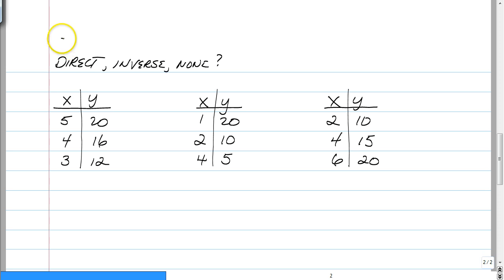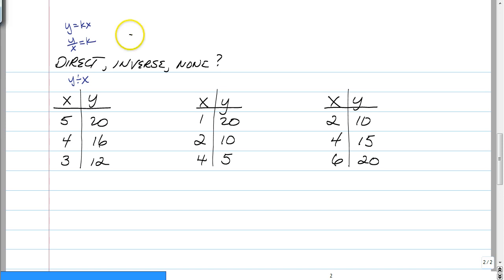So for direct, we know that that's y is equal to kx. So if we wanted to know k, what would we do? We would divide both sides by x, and we would get y over x is equal to k. So to look at a chart, all you have to do is y divided by x for every single one of those, and we'll see if we get the exact same constant of variation.